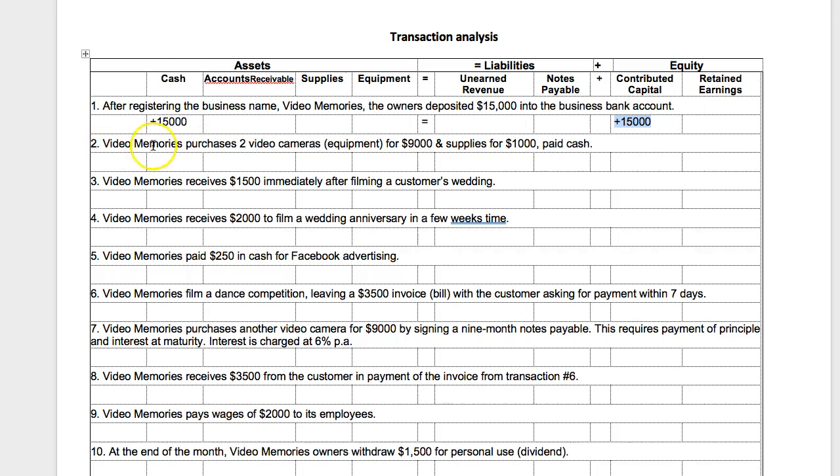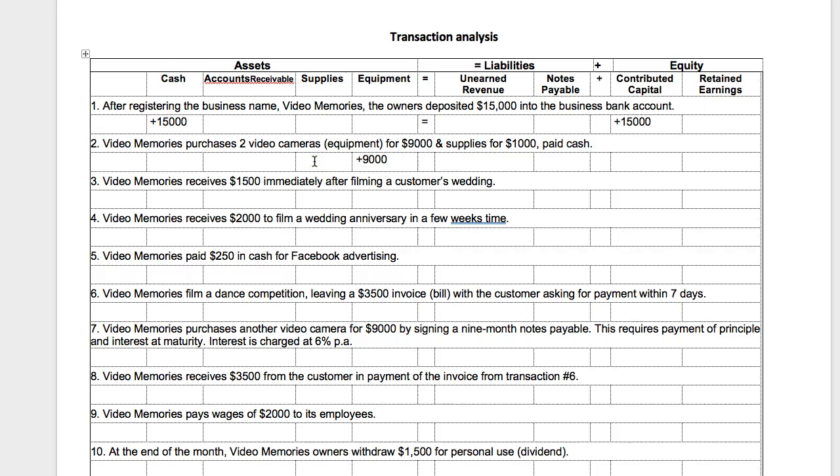In number 2, Video Memories purchases 2 video cameras for $9,000 and supplies for $1,000, and they paid cash. So look for the keywords. We have equipment. When you purchase equipment, this means you have more equipment in your business. It's an increase.